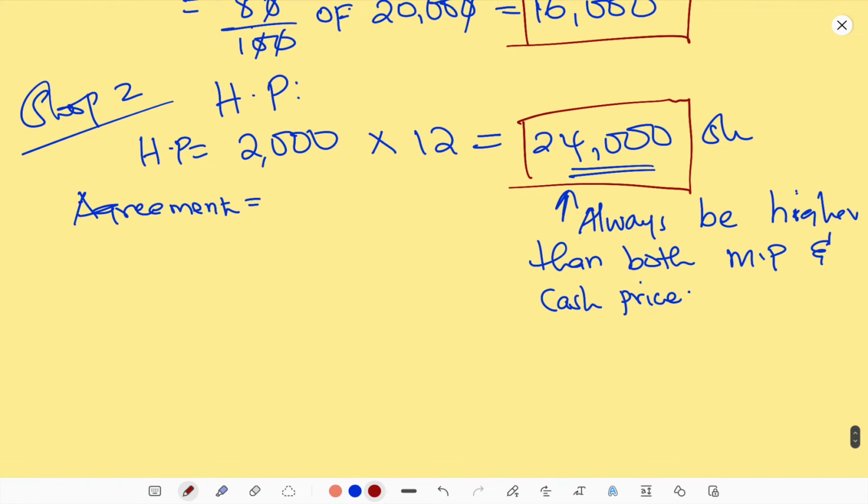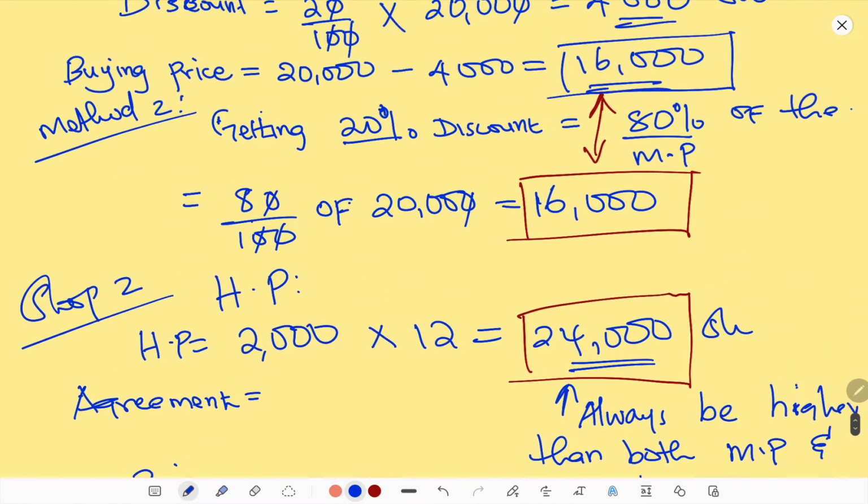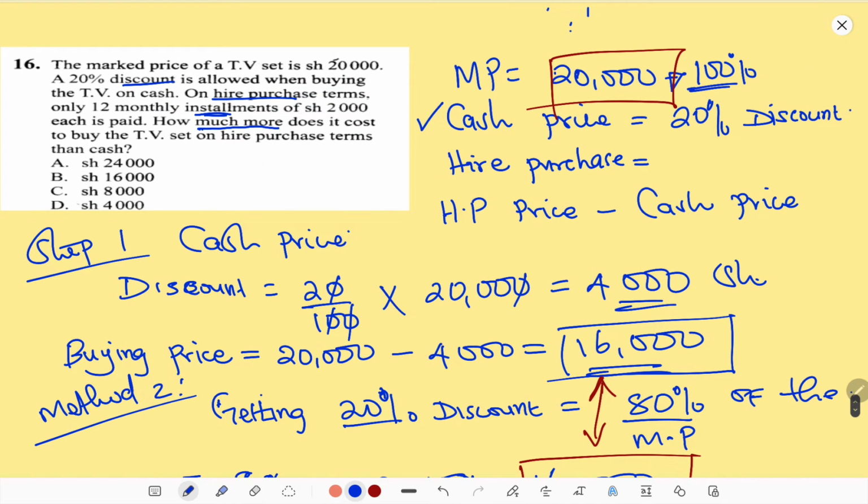Now that we are done with step number 2, step number 3: we need to know the difference. The question is how much more.